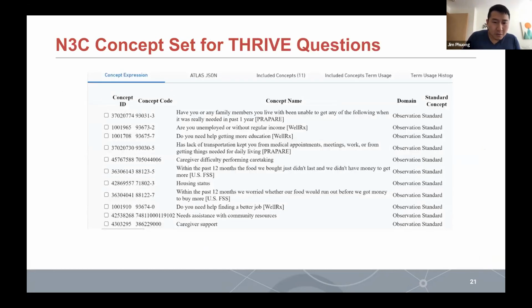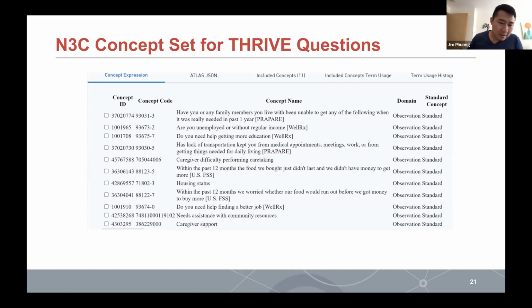To test out what is going in and then what should be retrievable once we're looking at those answer options, we created these concept sets. This is specific to the Thrive screening tool and all the question options that are part of it. You'll notice that sometimes the concept names are coming from a different research instrument or vocabulary tool.